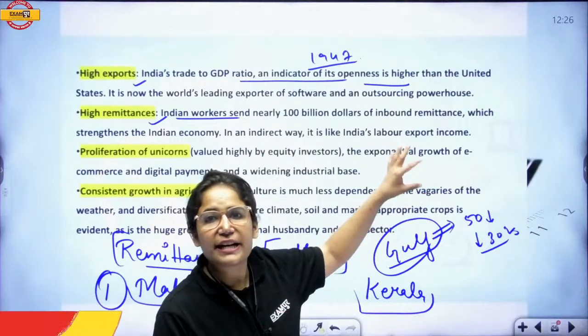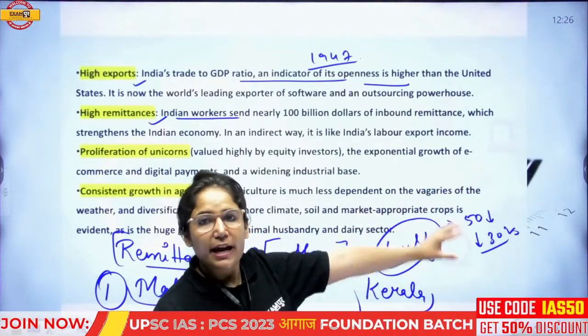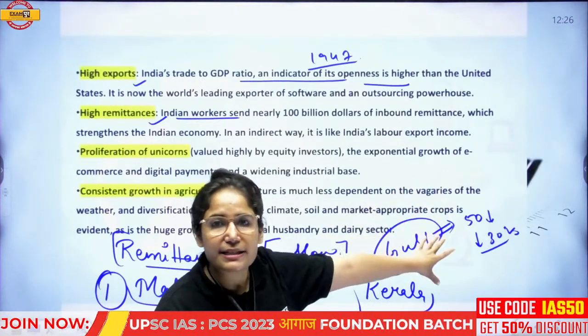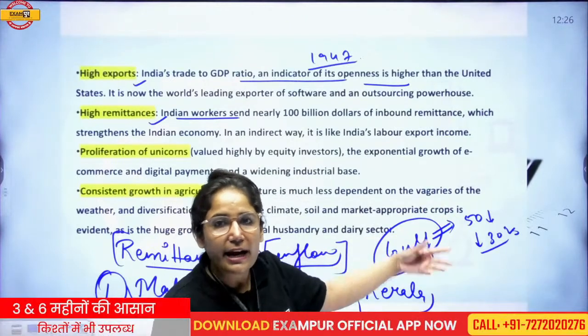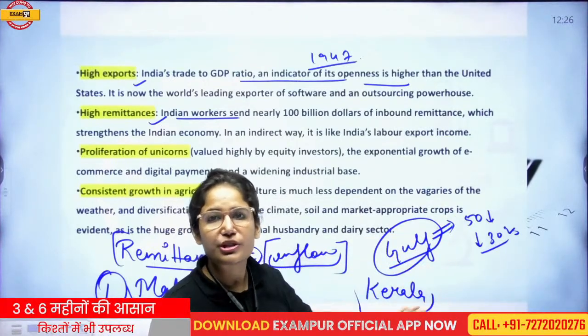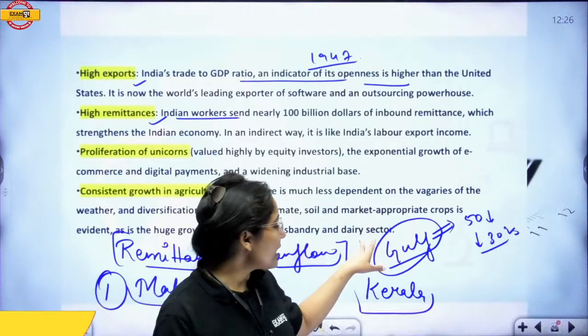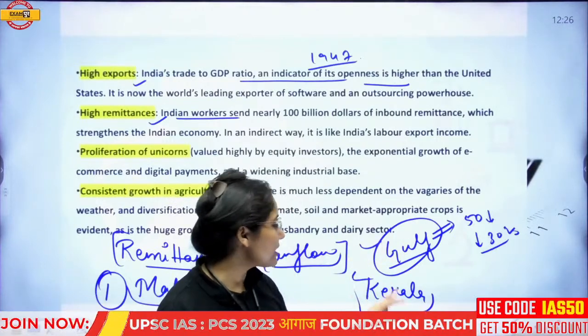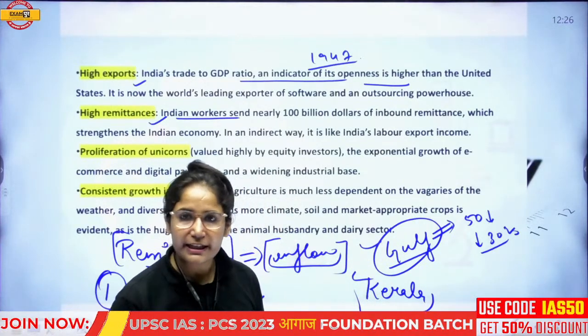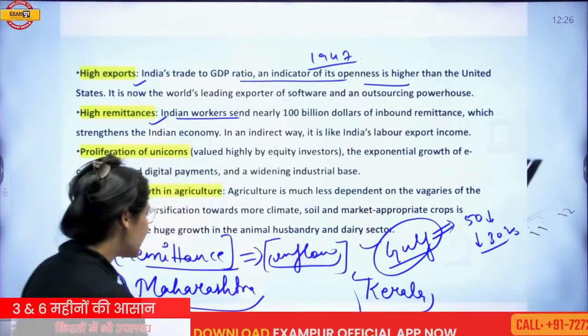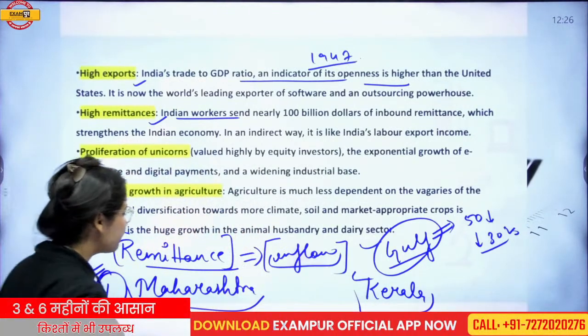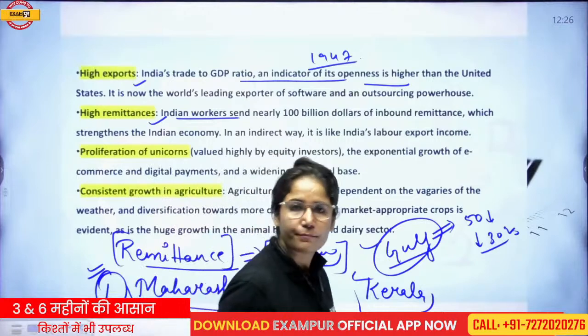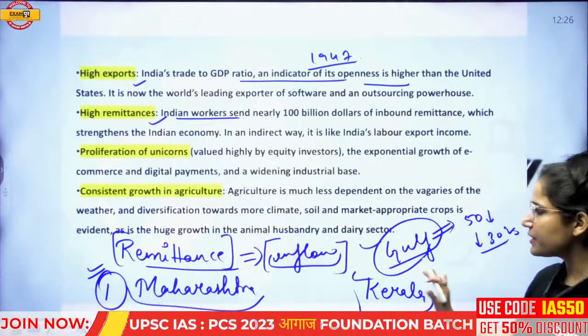Kerala was totally interlinked with the Gulf countries. If remittances from the Gulf countries that used to contribute to Kerala are going down, obviously the remittances of Kerala have to go down. Getting my point? Therefore, this place has been acquired by Maharashtra. I hope this is very much clear.